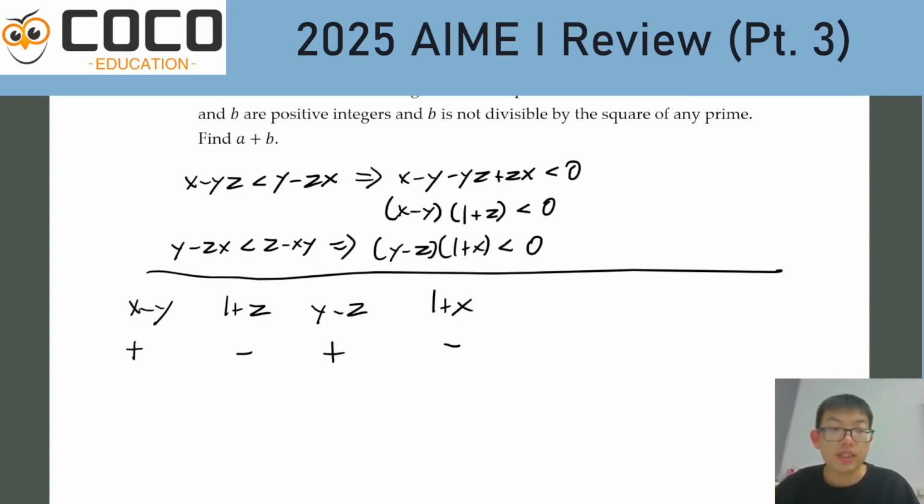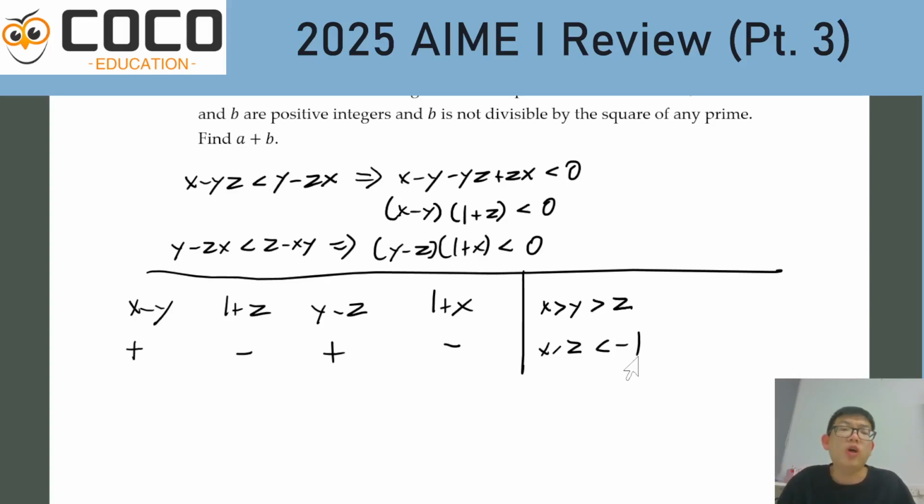So if I have this, it means that x is bigger than y, which is bigger than z, and also that my x and z are both less than negative 1.